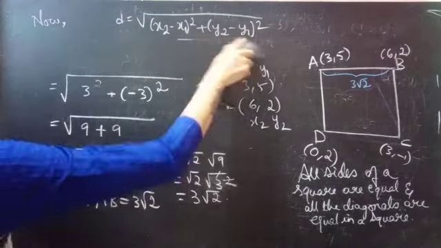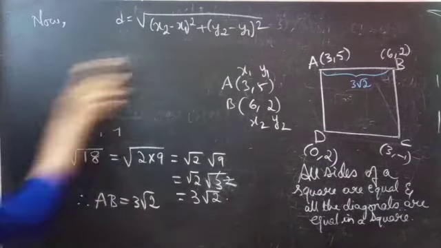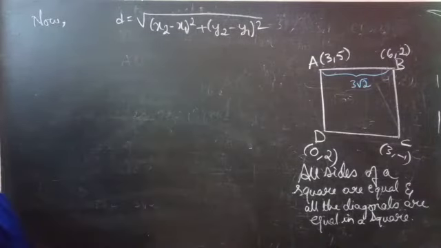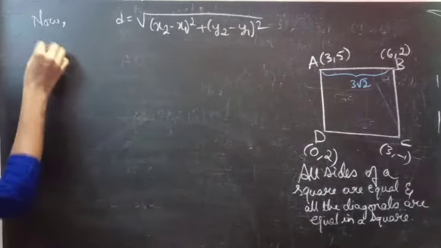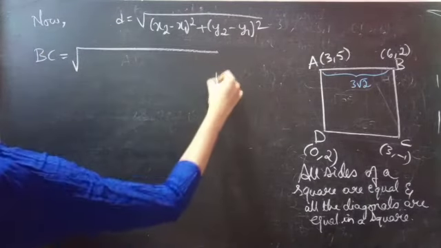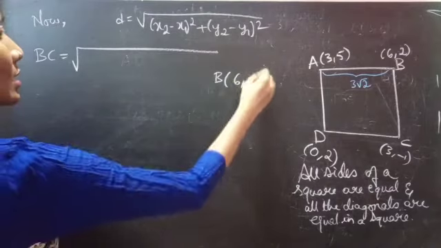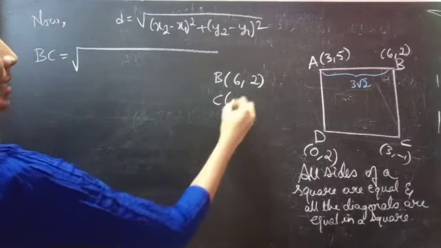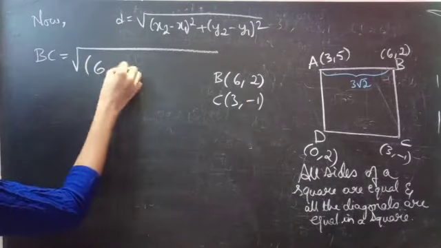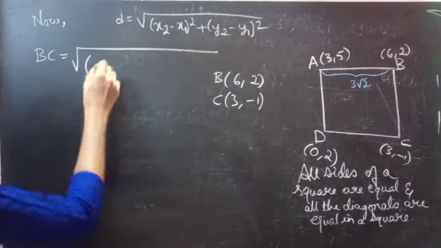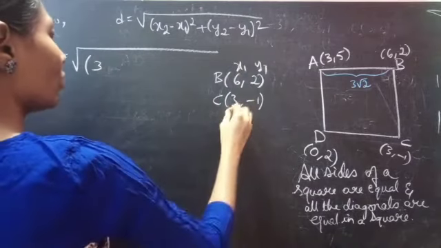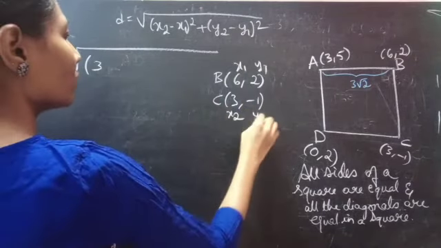Now we'll find the distance BC. BC equals square root of. So you're having B (6, 2) and C (3, -1). We have to substitute the values of x1, y1 and x2, y2.